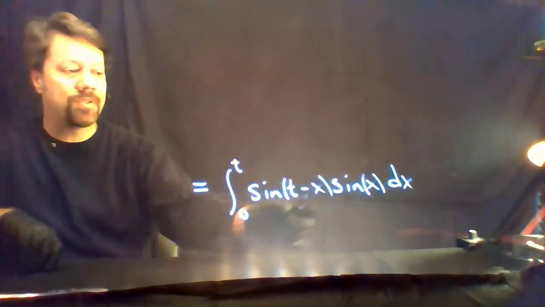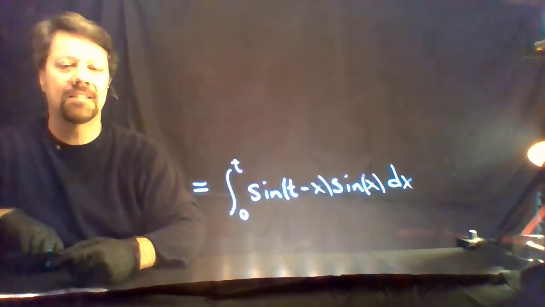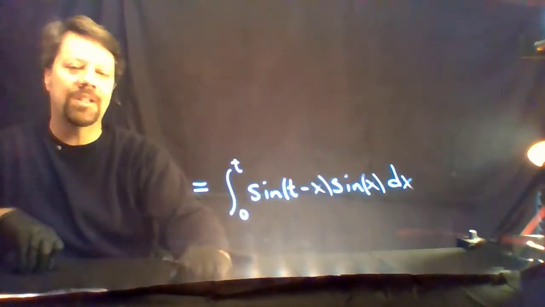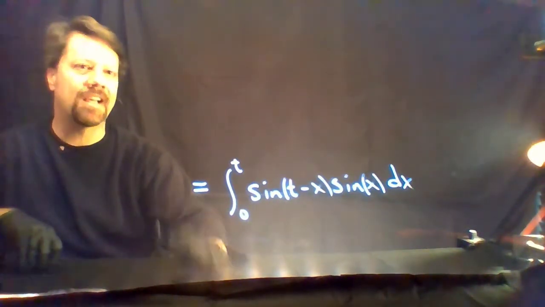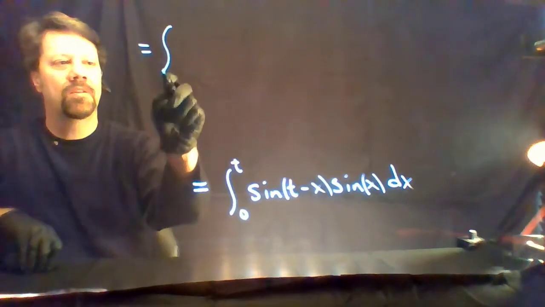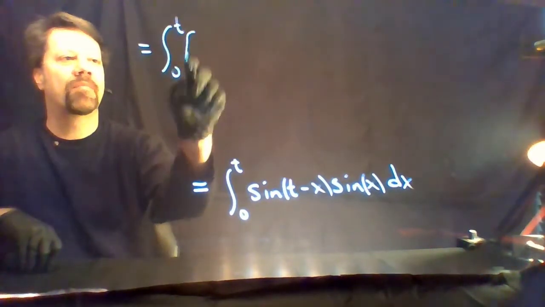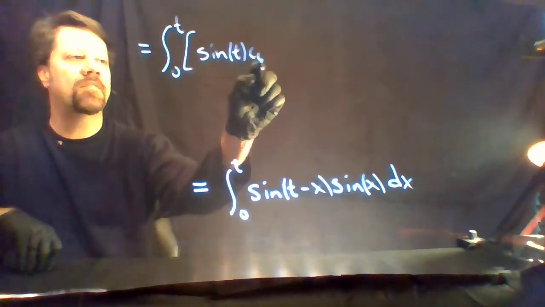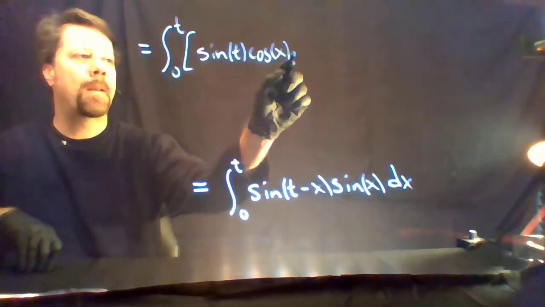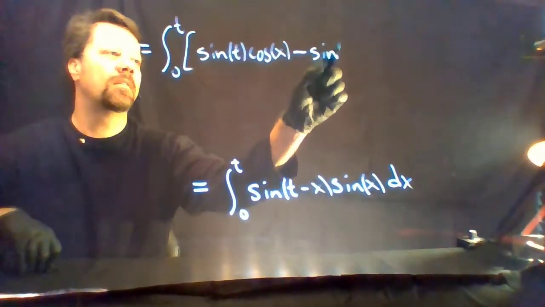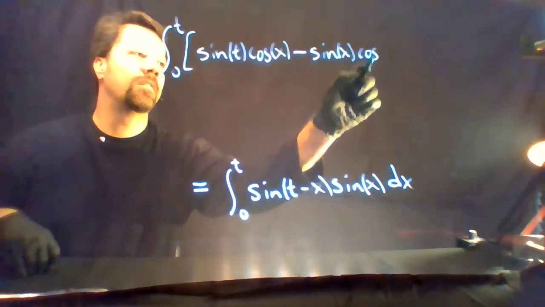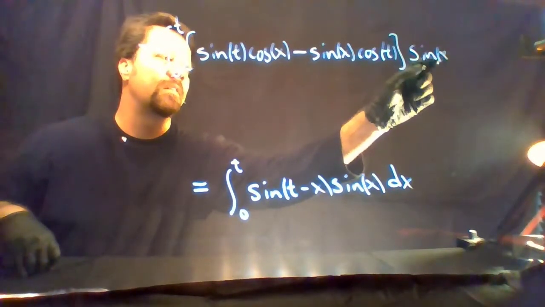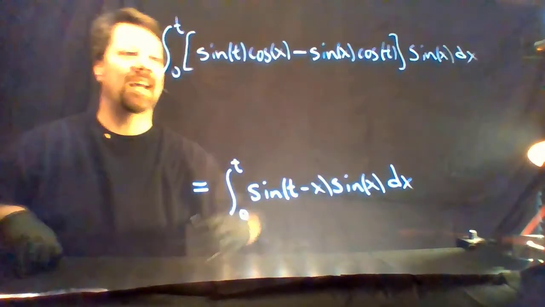There are a couple of ways of solving this particular integral. One would be to use a product to sum identity, but I'm betting most of you don't remember that. So instead, I'll simply use the difference of angle identity for sine. We'll have the integral from 0 to t of sine of t cosine of x minus sine of x cosine of t, all times sine of x dx.